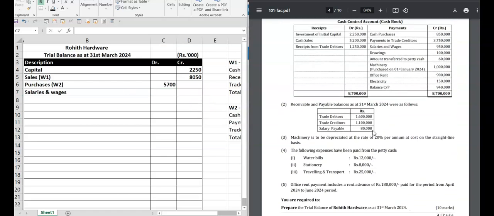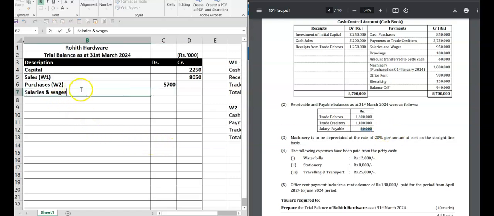And if you go down and see if there are any markings for salaries and wages, salary payable, here 80,000 is there. So for salaries and wages, if there is a payable of 80,000, you have to add this.